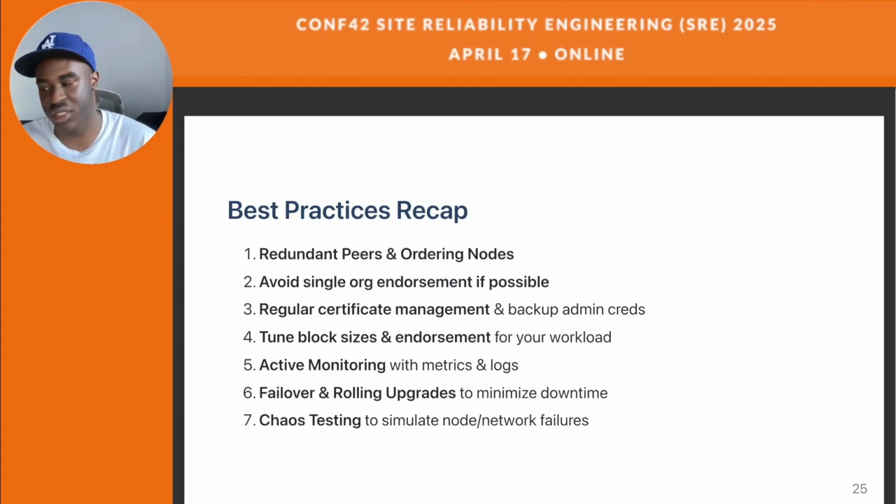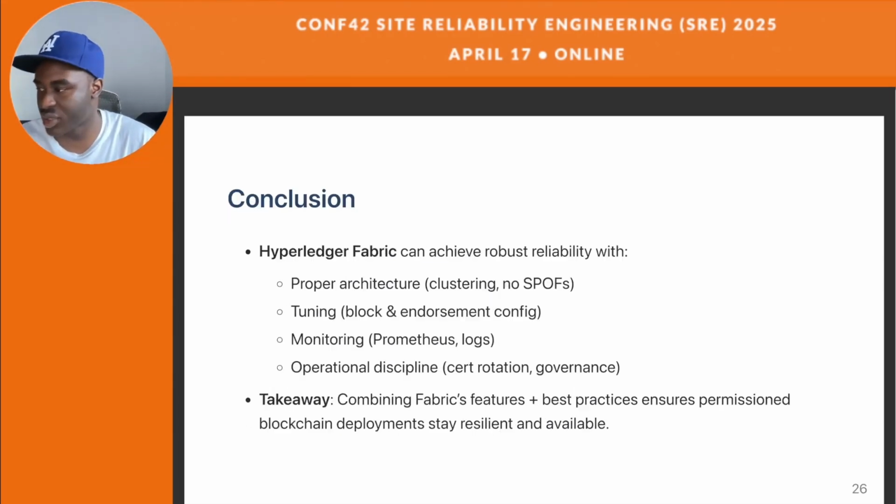Regular certificate management and backup of admin credentials, tune block sizes and endorsements for your workload, actively monitor, and also failover and rolling upgrades to minimize downtime. And to test your assumptions, you could shut down nodes or simulate a partition to see if the network recovers. That's chaos testing.